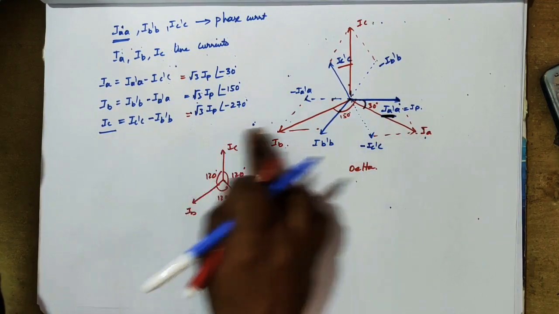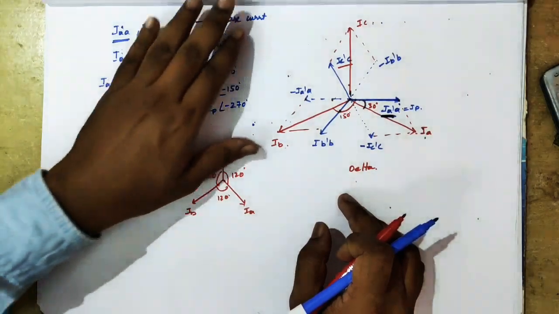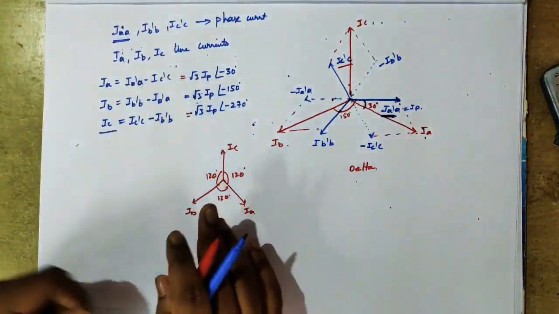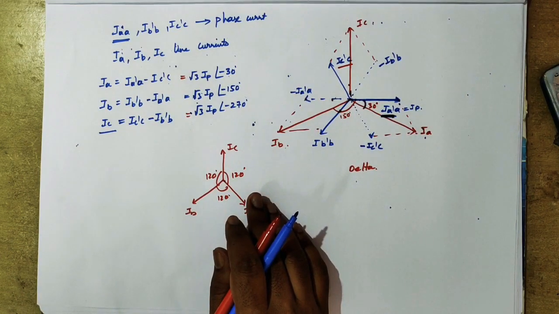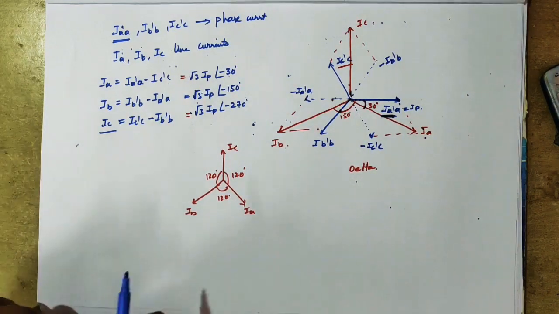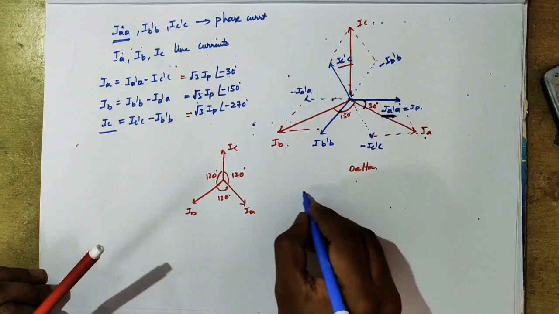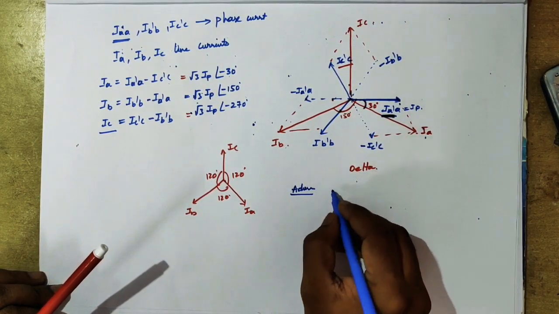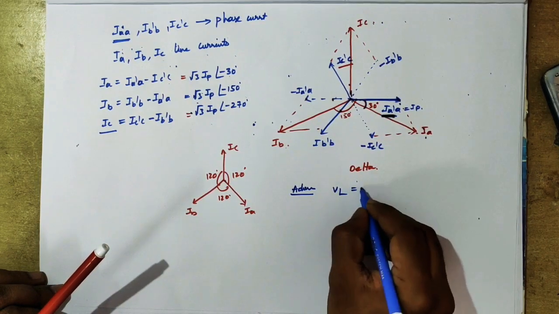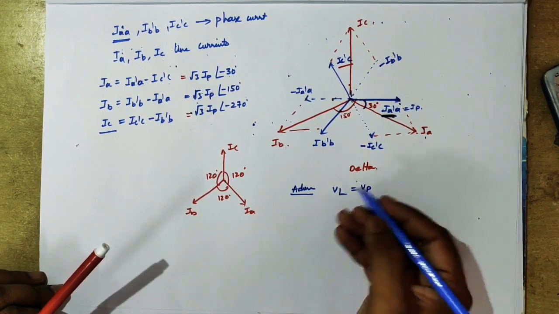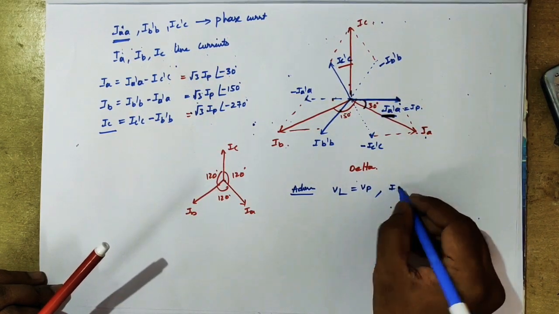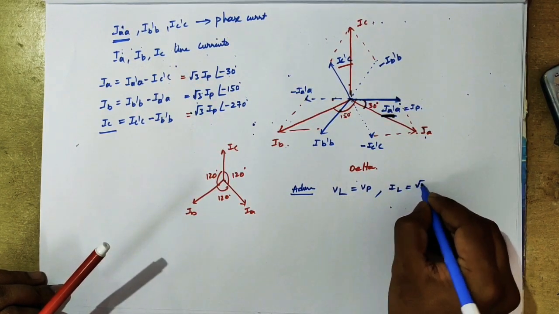This is about delta connection, and similar to the star connection we have the advantages and disadvantages of delta connection also. The main advantages: what values did we obtain? The line voltages are equal to the phase voltages, and the line current equals root 3 times I phase.